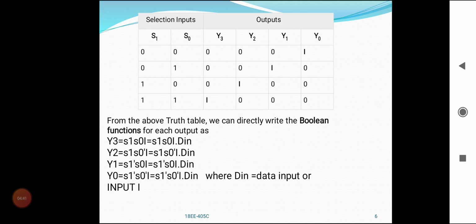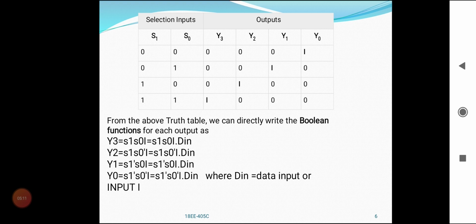If the selection lines are 0, 1, then Y1 is connected, and outputs are 0, 0, 1, 0. If the selection lines are 1, 0, then the Y2 line is high, and it becomes 0, 1, 0, 0. Then S1 S0 equal to 1 1, Y3 line is high, and the outputs are 1, 0, 0, 0.